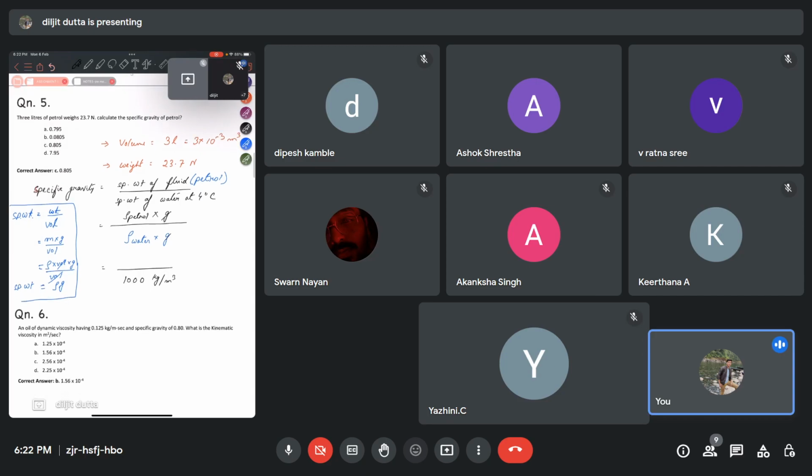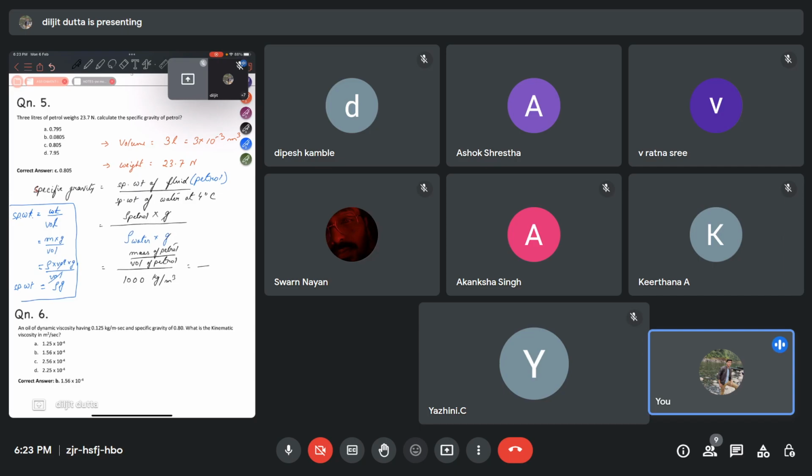So how will you proceed? The thing is that rho of petrol will be equal to mass of petrol divided by volume of petrol.